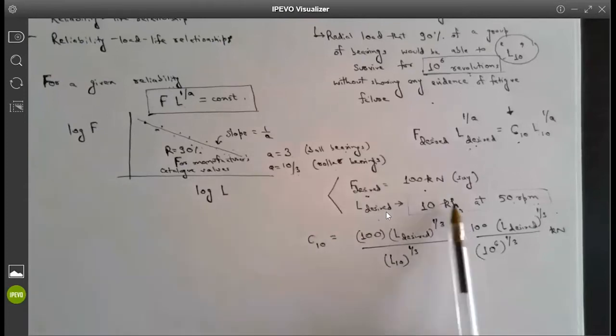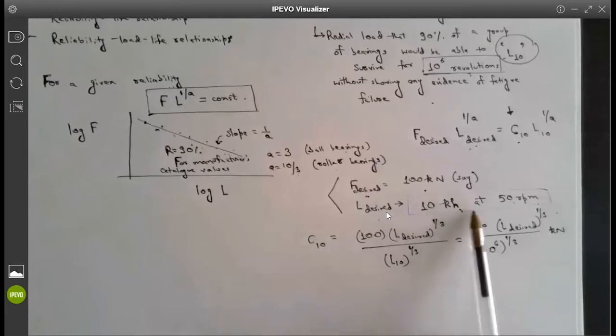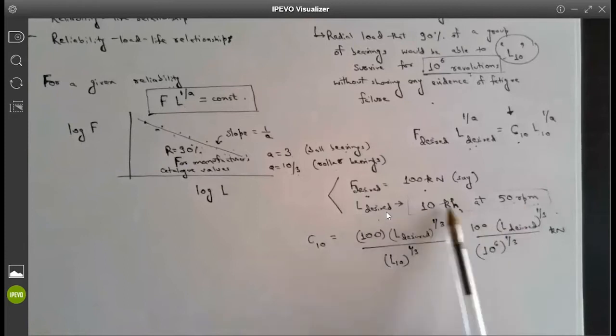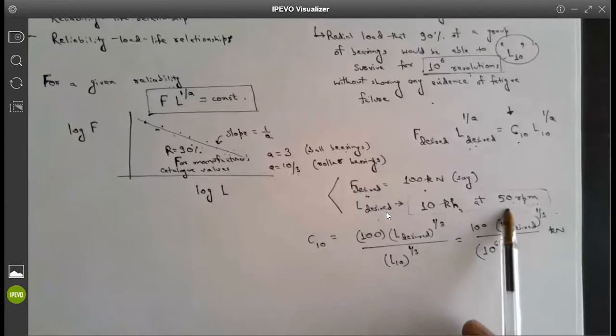Before we go on, everybody is okay with this requirement, right? As a designer, I would like my bearings to run at this angular velocity, 50 rotations per minute, for 10,000 hours. Everybody is with me on that requirement?